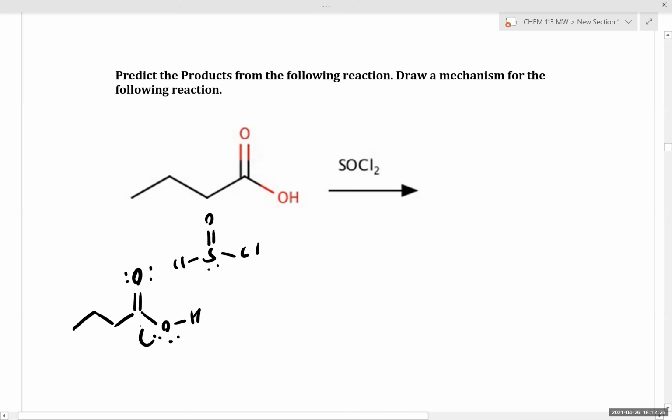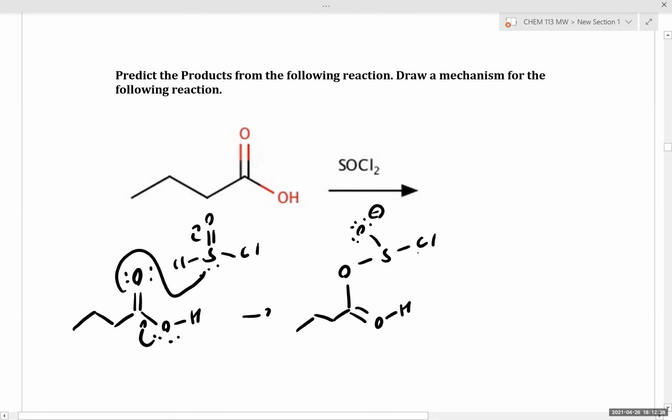In the first step, the carboxylic acid will attack the electrophilic sulfur atom. From here, this intermediate will collapse and kick out an equivalent of chloride.